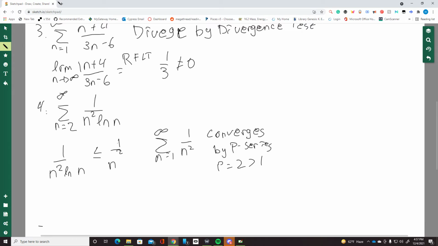Now we can say that because this converges, and this is smaller than 1 over n squared, this also converges by direct comparison.